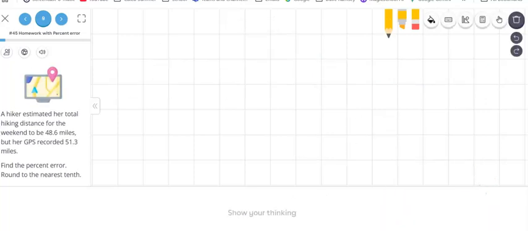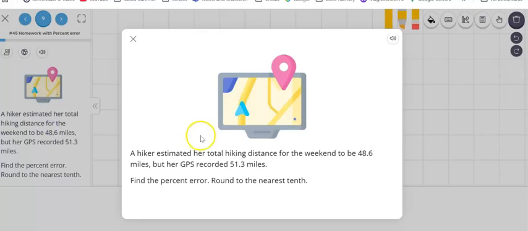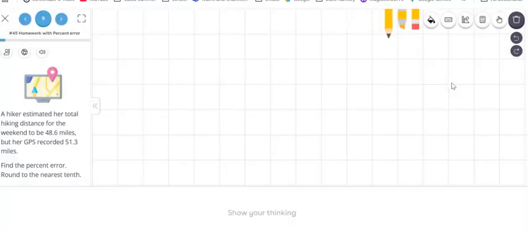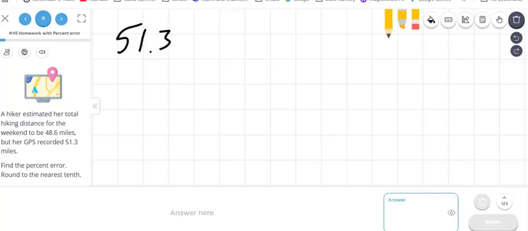All right, hiker. Estimated her total hiking distance for the weekend to be 48.6, but her GPS recorded 51.3. Find the percent error, round to the nearest tenth. All right, so this one we got to subtract these. 51.3 minus 48.6.